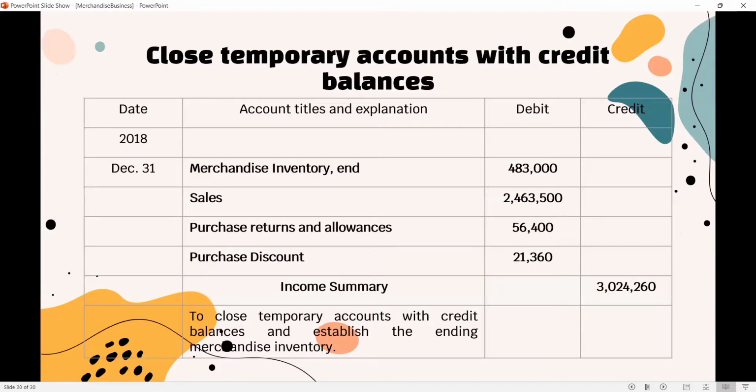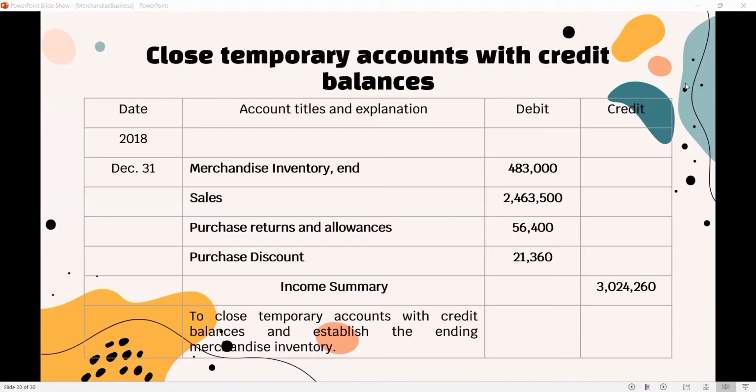This is what I am talking about. Wait, I will share the two. So, the first thing we do is close accounts with credit balances. All accounts with credit balances, we debit. We use the income summary account to close those nominal accounts.